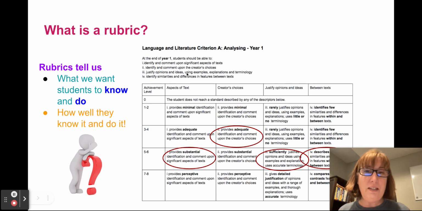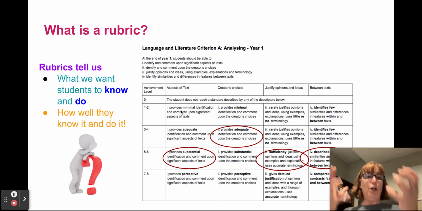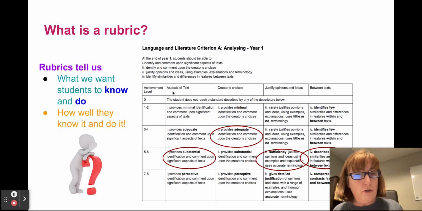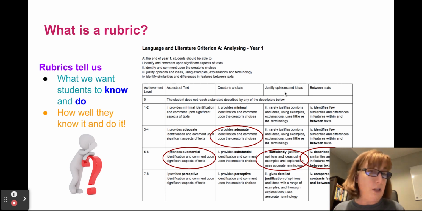So, for example, this is one of the criteria from language and literature, criterion A, which is analyzing. The IB lays out exactly the four strands of analyzing that are important. And then these rubrics that are provided to us by IB will say, in general, when there's an assignment that requires analysis, students should look at aspects of text, creators' choices, justification of opinions and ideas, and or looking at similarities and differences between texts.